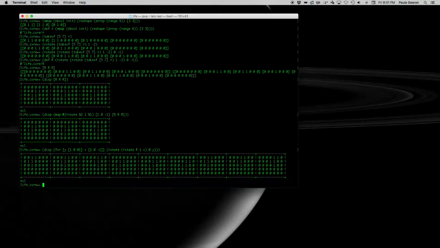And the final neighbor count matrix is done by applying the add operation over the sequence. This is a neighbor count for each cell in our original matrix R.